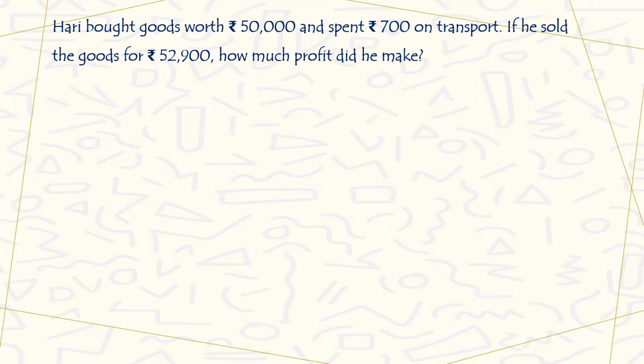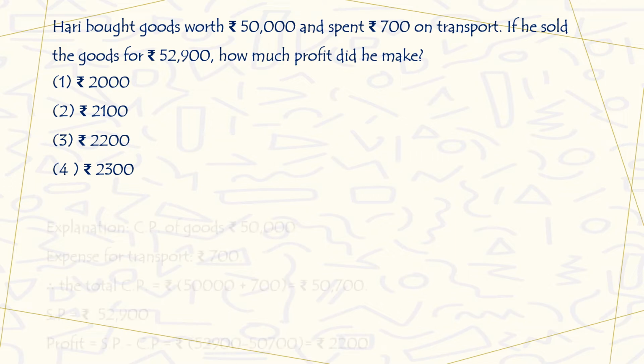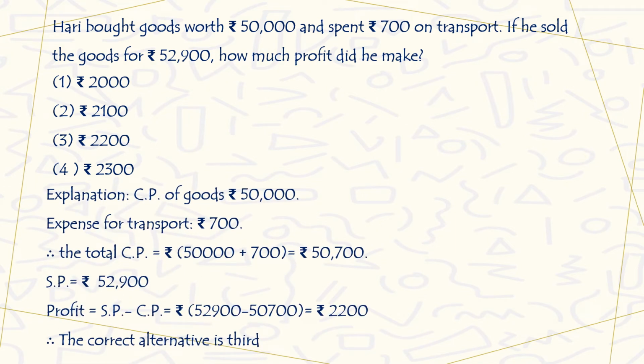So 50,000 was the cost price and other expenses is 700. So you will add it. And then you will subtract and see the difference between the selling price and the cost price. So that will make you understand how much profit he made. Options are rupees 2000, rupees 2100, rupees 2200 or rupees 2300.